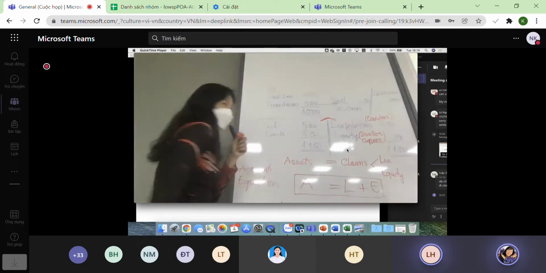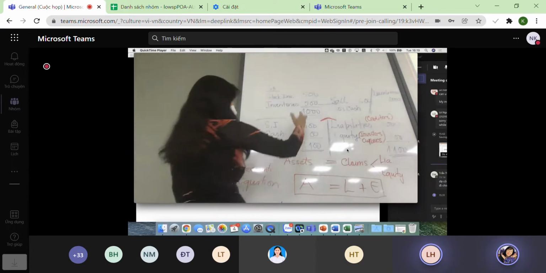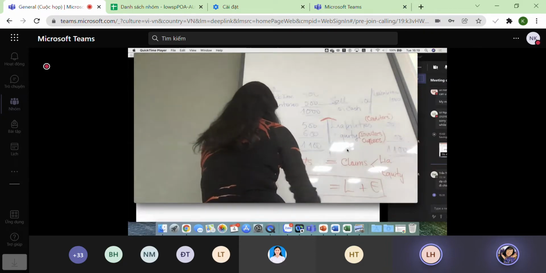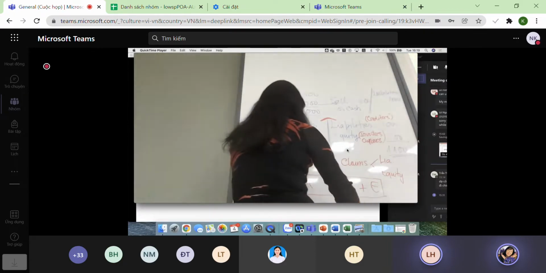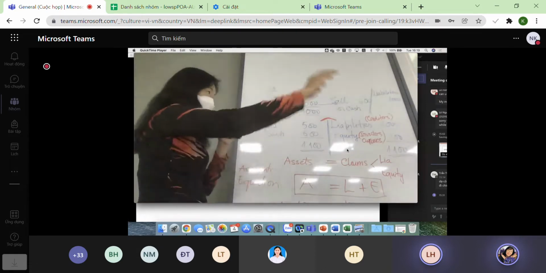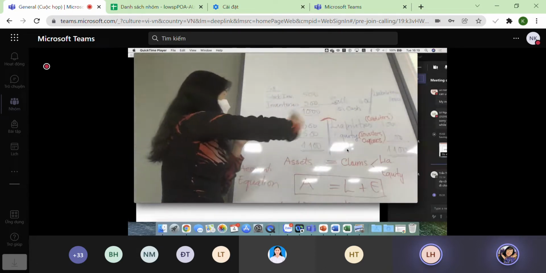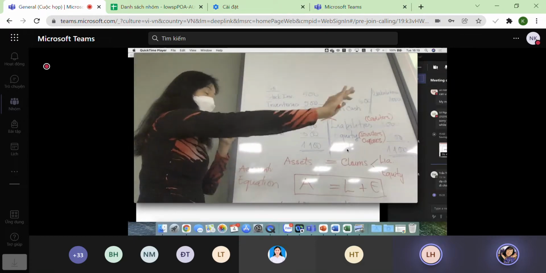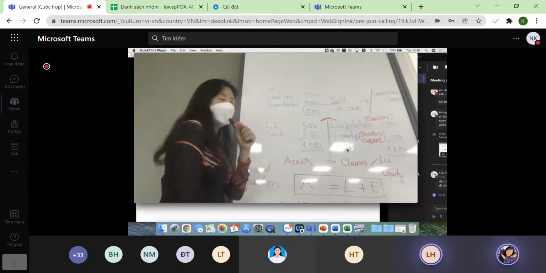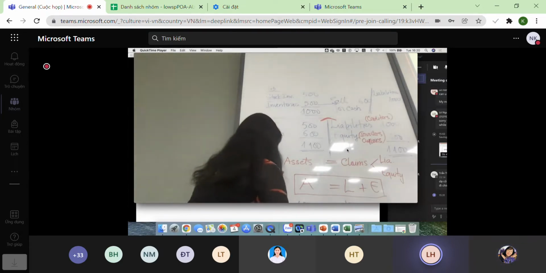The first financial position, we have assets 1,000, liability 1,000. After we sell all the inventory to the customer, we have the assets by what? 1,100, right?